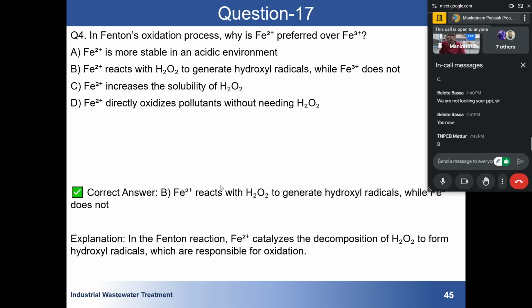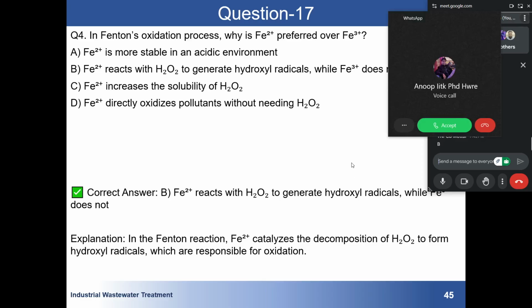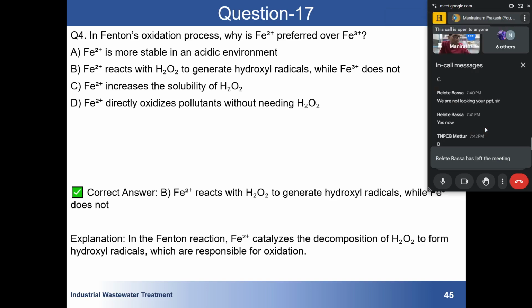For the production of OH radicals, here we have to produce OH radicals.